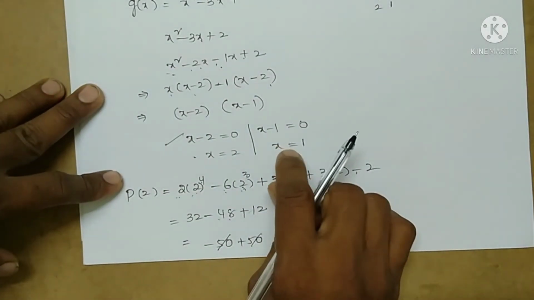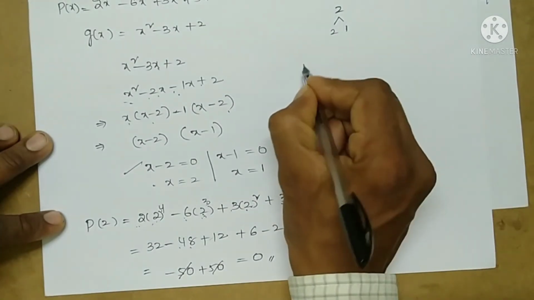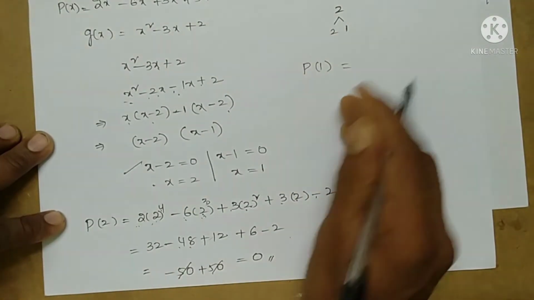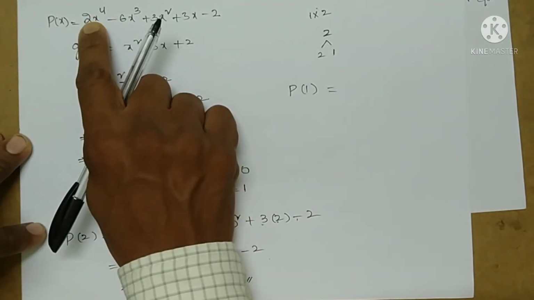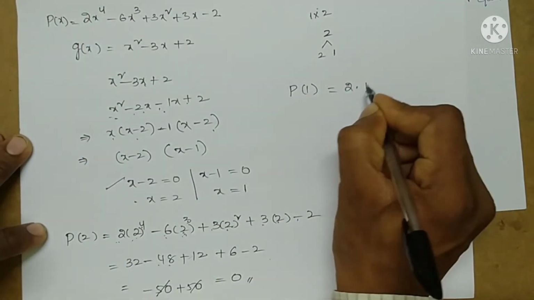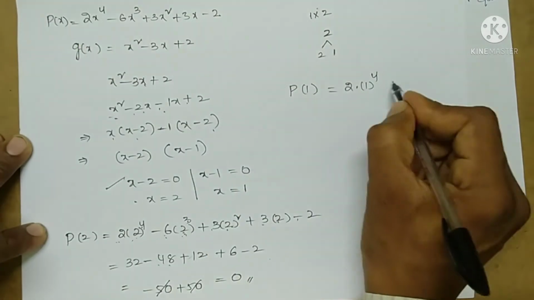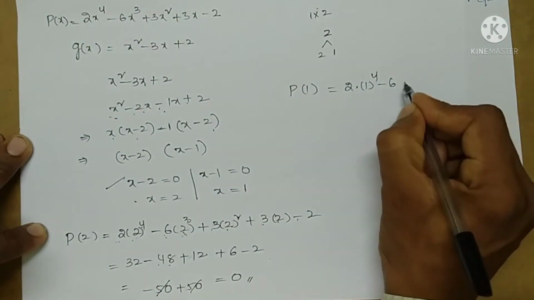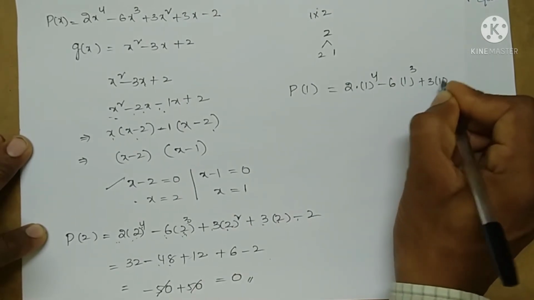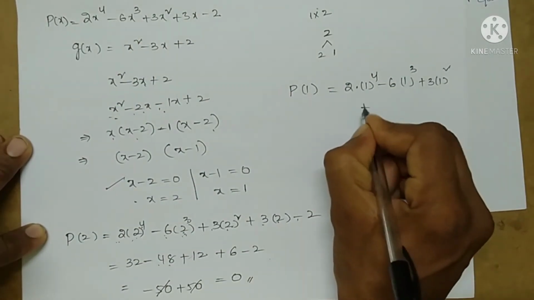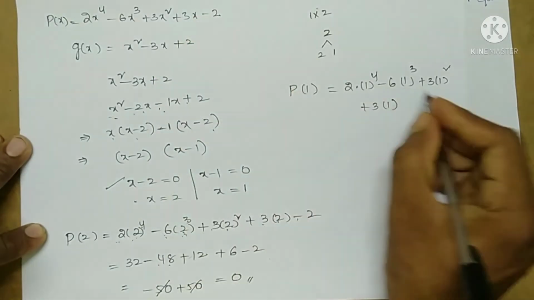Let's check the second one. So p of 1 is equal to 2 into 1 power 4 minus 6 into 1 power 3 plus 3 into 1 square plus 3 into 1 minus 2.